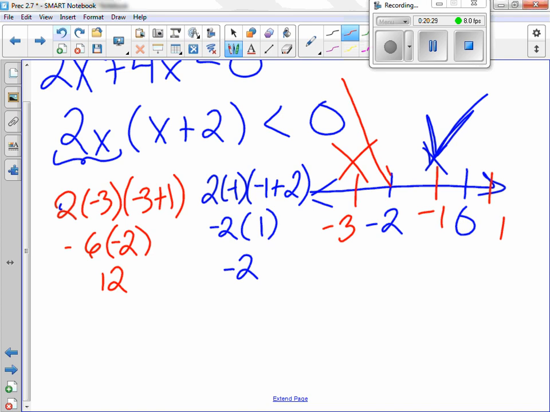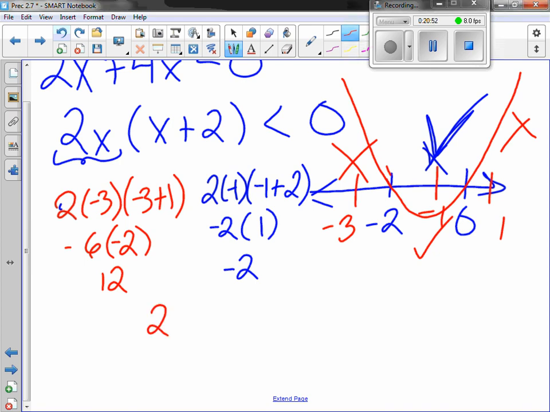But it's not doing that. It's degree 2. It can only have 1 turning point. So it has to come down here and go back up here. And as we saw, it does work, which means this one over here doesn't.